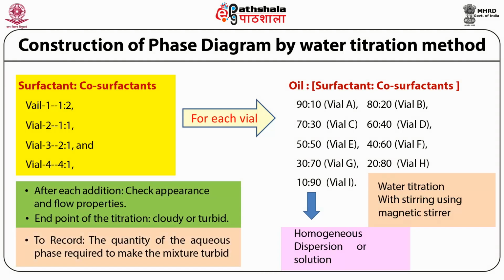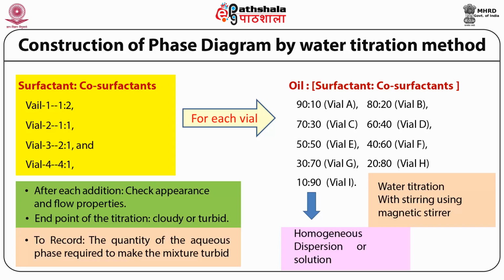The end point of the titration is considered as cloudy or turbid. That is, you have to titrate with water until you achieve cloudiness or turbidity. You have to record the quantity of the aqueous phase required to make the mixture turbid.